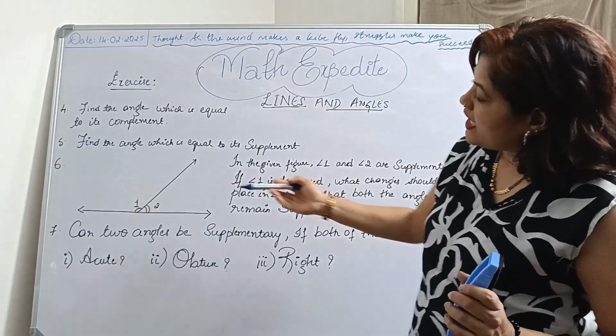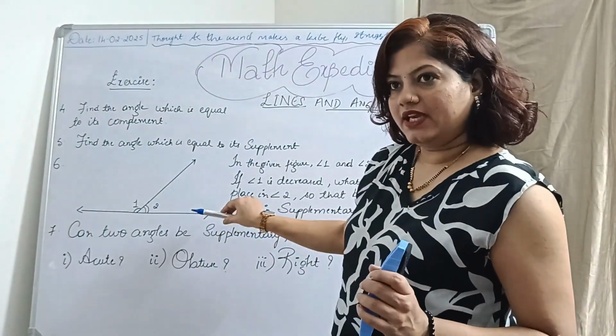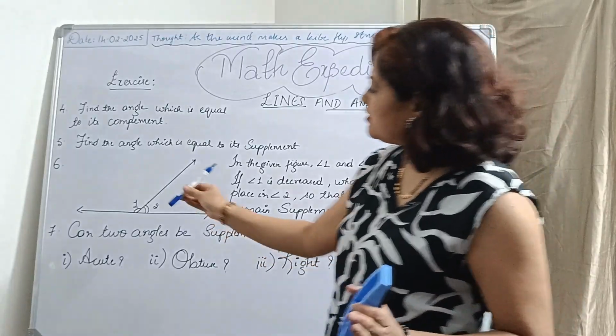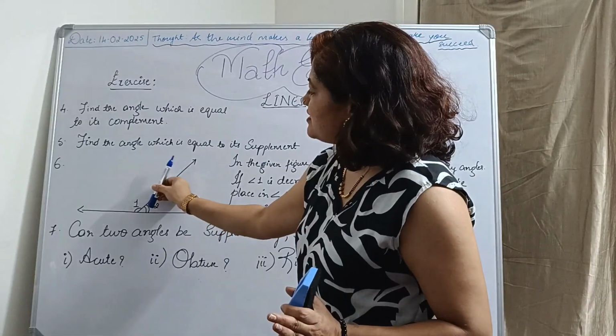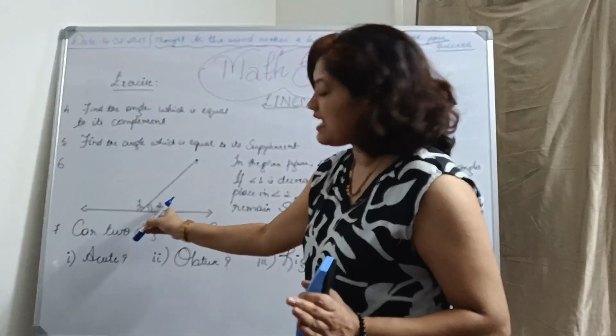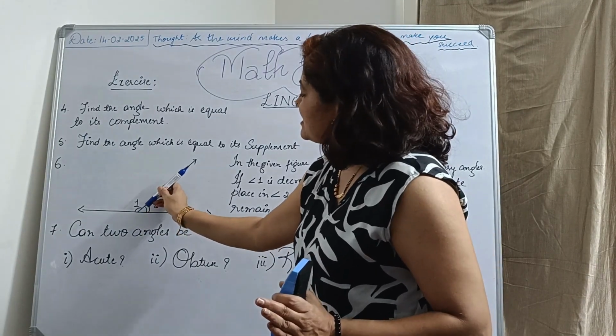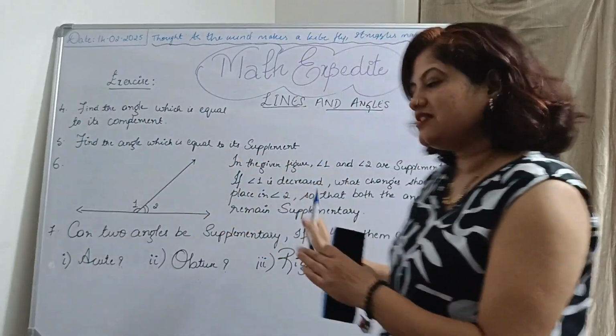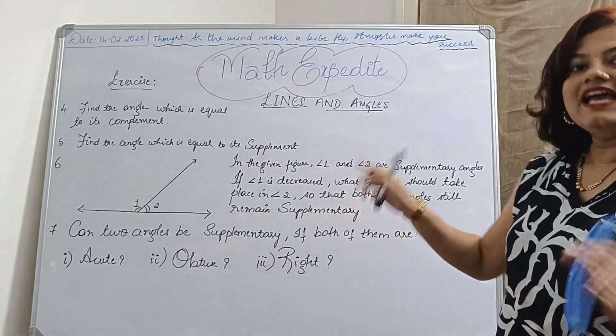It should remain supplementary, but what is happening here? This angle is reduced. Once this is reduced, what is happening to angle 2? It is increased. So the answer is angle 2 is increased.